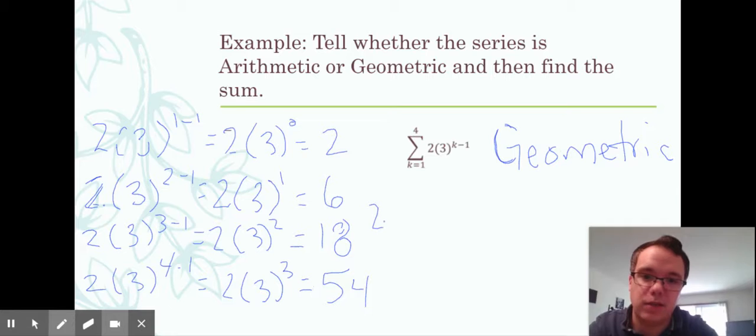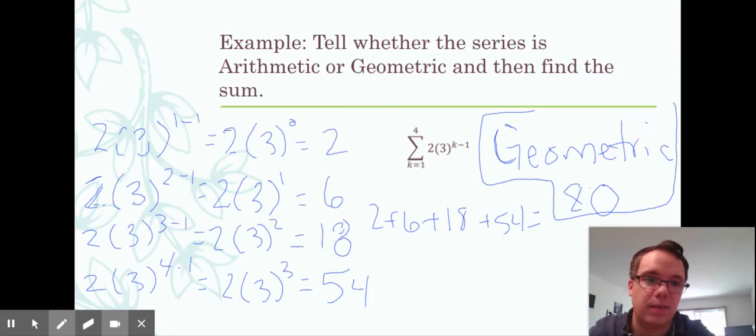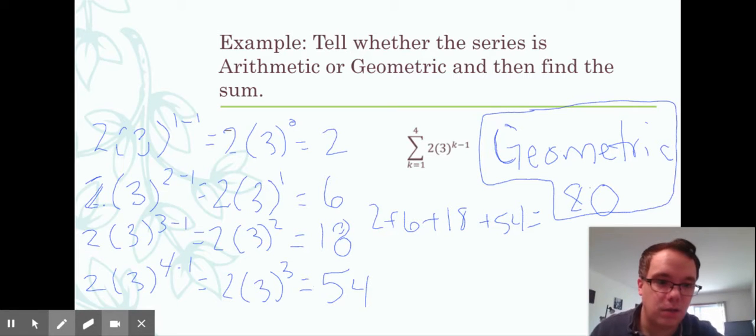So if I take 2 plus 6 plus 18 plus 54, I get 80. So this series is geometric and sums to 80. So that's looking at series in sigma form and telling if they're arithmetic or geometric and finding the sum.